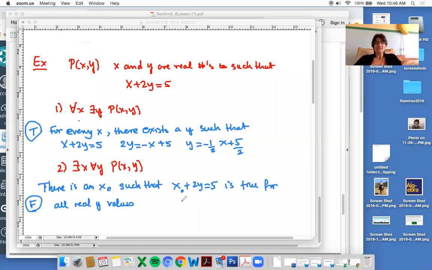It's like saying that this equation has an infinite number of solutions, which it doesn't. It just has one solution. So switching around the universal and existential gives a different meaning to your statement. You have to be careful with switching it around. Any questions with that one?